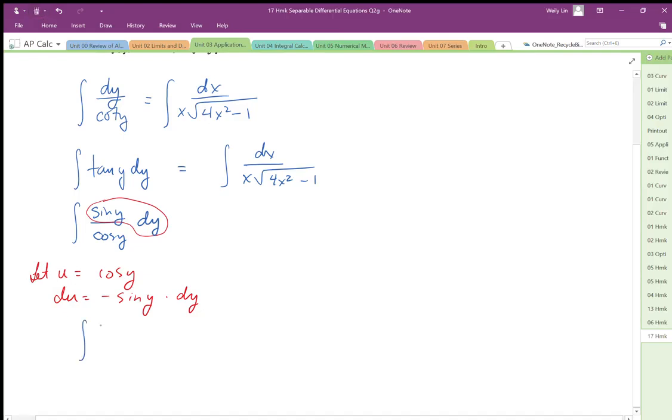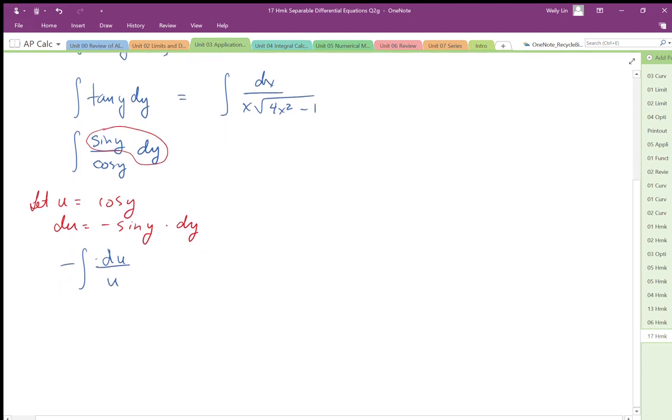It's going to be negative 1, so I'm going to put the negative out here. I'm going to replace the negative 1 du with the sine y dy, and in the denominator, I get u. Now I have a new integral in terms of u, which I can then solve.